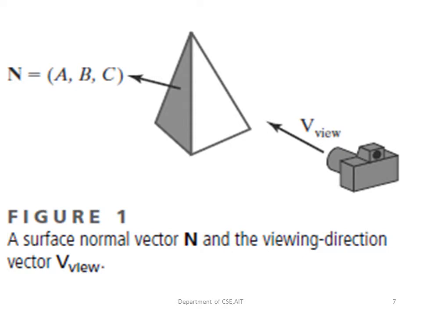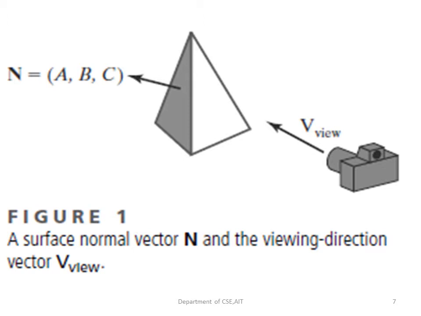Look at this picture. I have an object with multiple planes or faces. We can see that some faces are hidden from the camera. It depends upon the direction in which I view the object. Suppose I am viewing it in a direction V view.